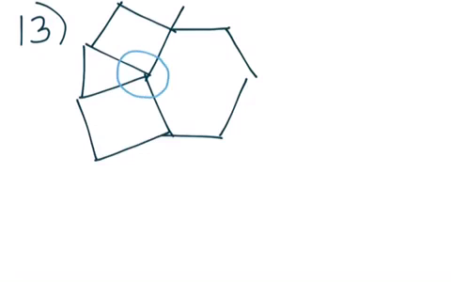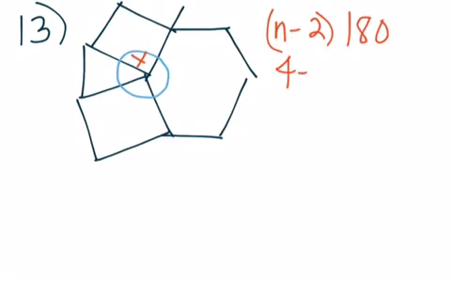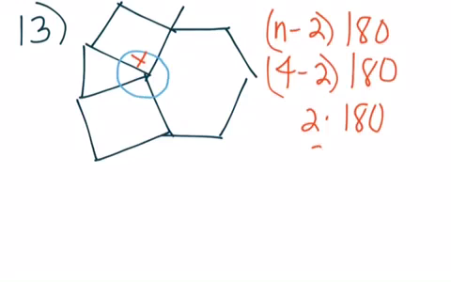This is a square, which is a special form of a quadrilateral. Quadrilaterals have four sides, so when you do n minus 2 times 180, that's 4 minus 2 times 180, which is 2 times 180, which is 360, but you have to divide that by all four angles, then that's equal to 90 degrees.